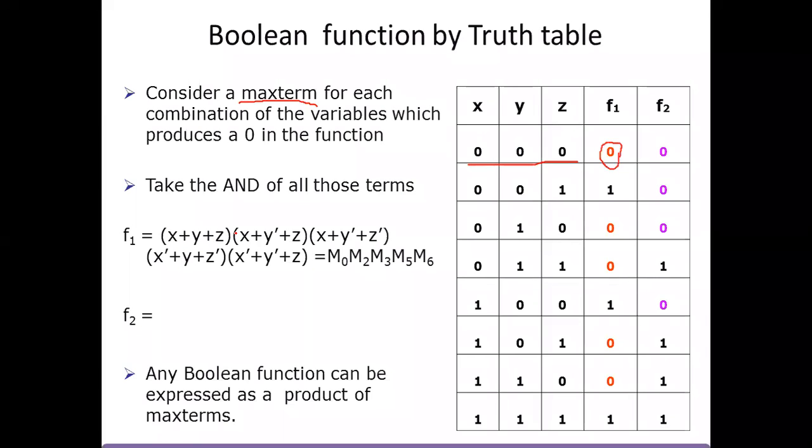So this is the first max term corresponding to the first row. And here the F1 value again is 0. So we are considering the corresponding variable values, and here we have 1 for y. So we need to prime that according to the definition. It's better to write the definition in your books if possible.